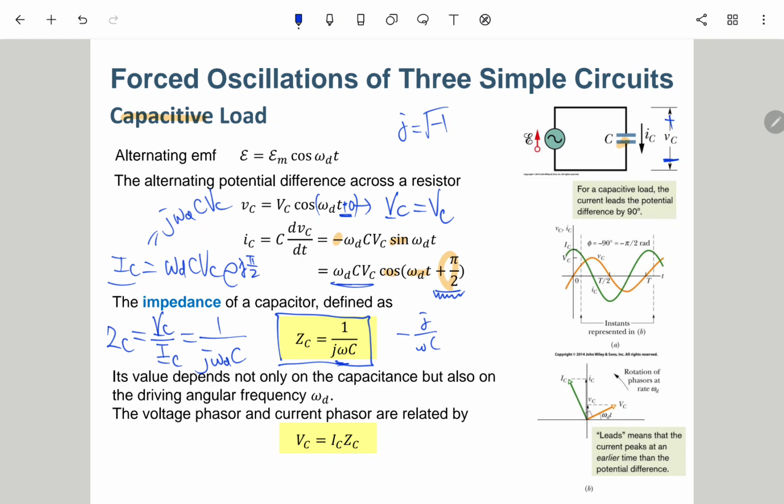So in this case, we have this expression, which is the phasor of V equals the phasor of I times the impedance of the capacitor.